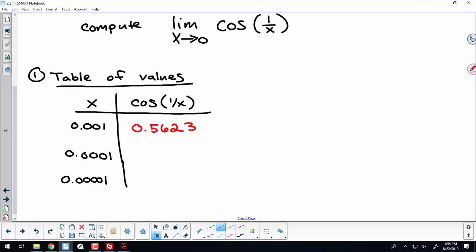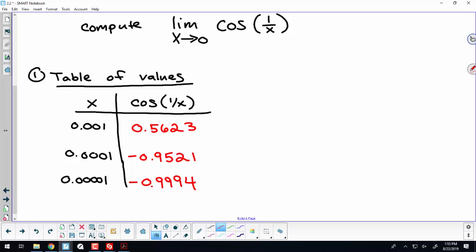Okay, how about the cosine of 1 over 0.0001? Negative 0.9521. Okay, cosine of 1 over 0.00001. Negative 0.9994.